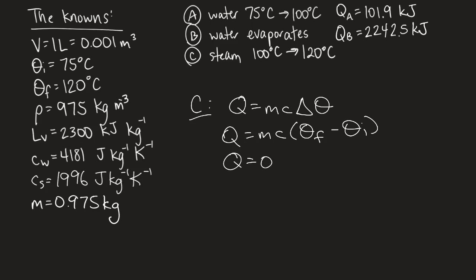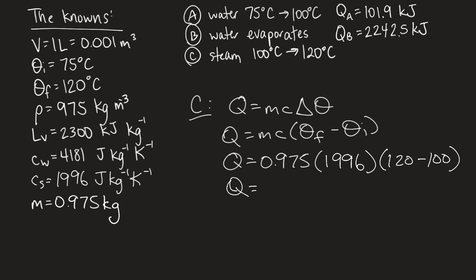They relate back to the steam increasing in temperature. So the mass of steam is 0.975, and our specific heat capacity, remember, we're dealing with the steam and not the water anymore. We're dealing with water vapor. So we use 1996 as our specific heat capacity, and then this temperature change is the temperature change of the steam, so 120 as a final and 100 as an initial.